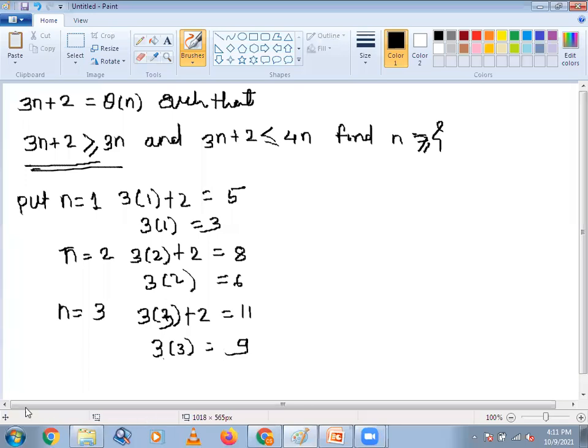So it is always satisfied for n greater than or equal to 1. Okay, we'll see the other side.